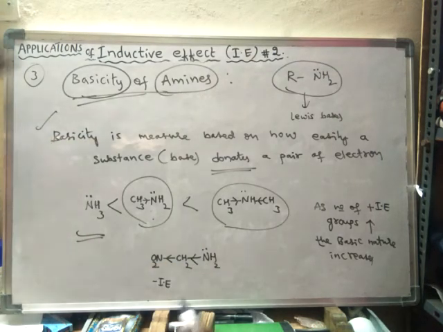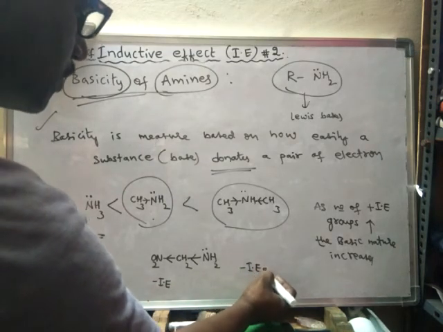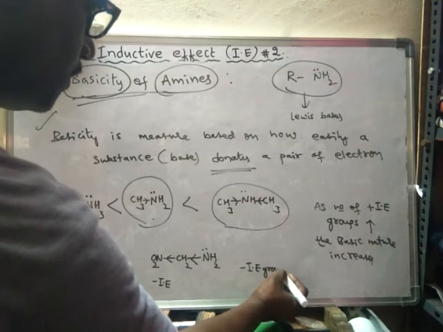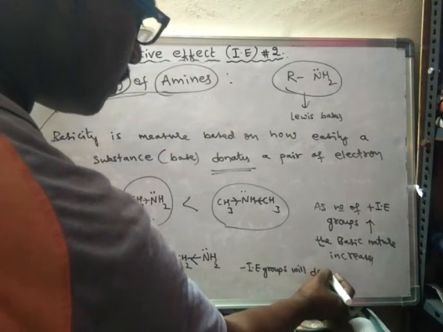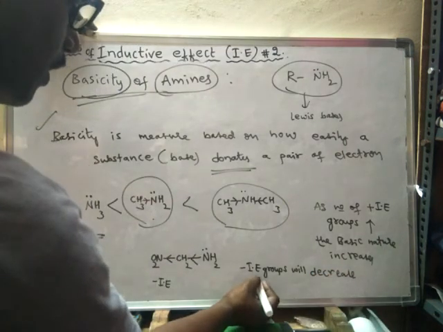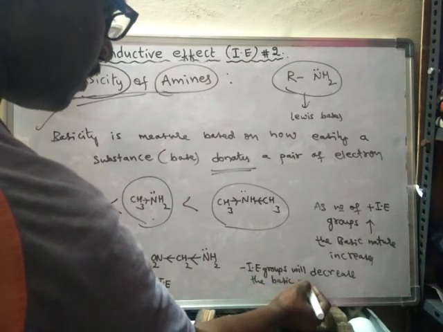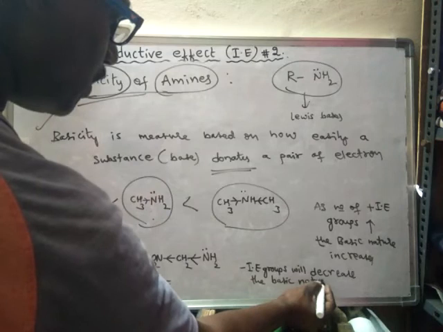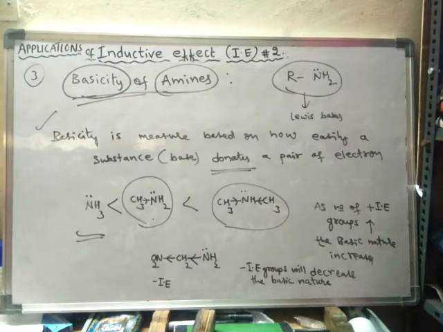So minus IE groups will decrease the basic nature, or basicity. A minus IE group will decrease the basicity, whereas a plus IE group will increase the basicity.